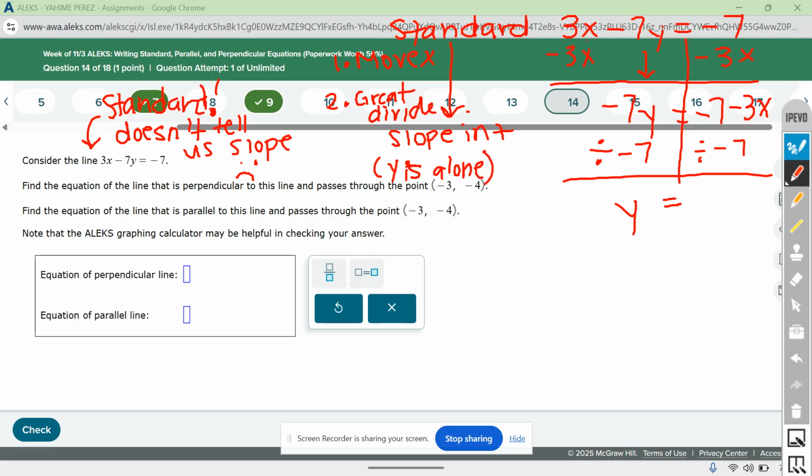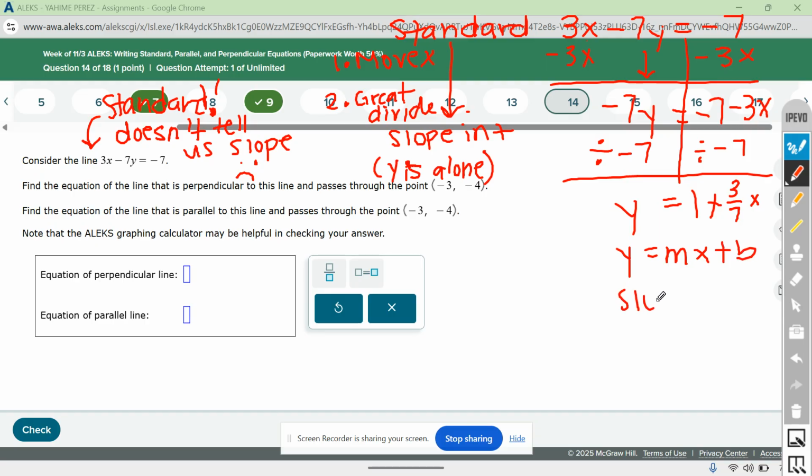So if I do negative 7 divided by negative 7, that'll be 1. If I do negative 3 divided by negative 7, 2 negatives make a positive, and 3 divided by 7 is just 3 over 7x. Okay, so now we have slope-intercept, which is y equals mx plus b.